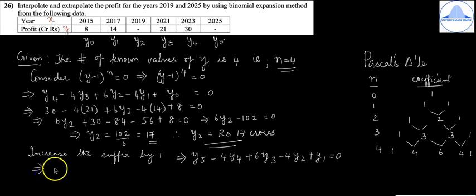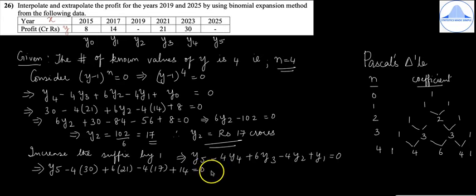Which implies y5 minus 4 into 30 plus 6 into 21 minus 4 into 17 plus 14 is equal to 0.